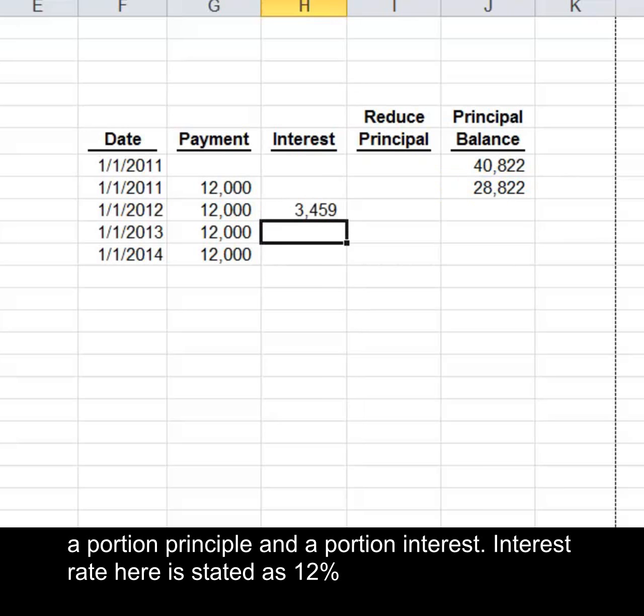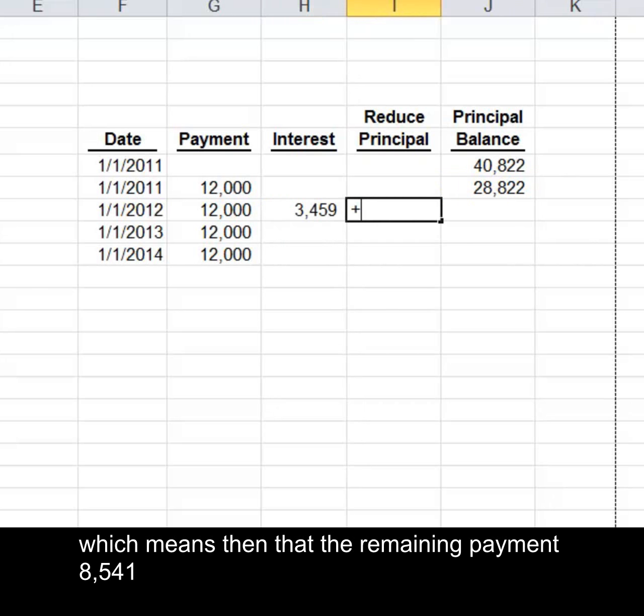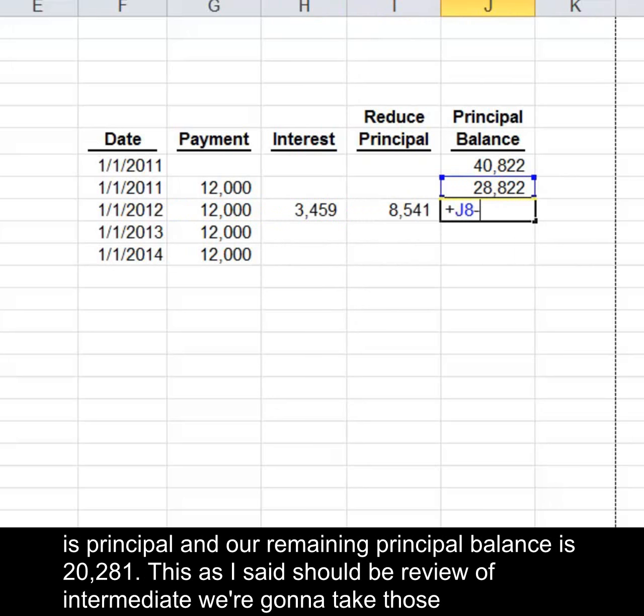Interest rate here is stated as 12%. So our interest for the first one is $34.59 based on the principal balance at 12%, which means then that the remaining payment, $85.41, is principal, and our remaining principal balance is $20,281.